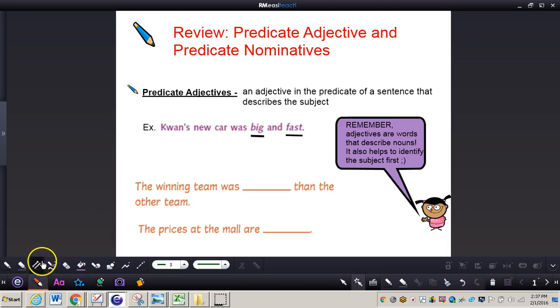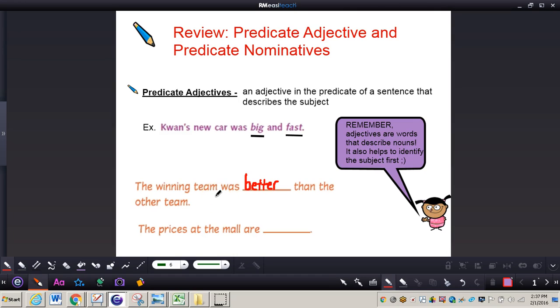Now let's take a look at some other sentences here with predicate adjectives. So the winning team was, we're going to say, better than the other team. So we can see better is the adjective describing the subject, which is team. That's the predicate adjective.